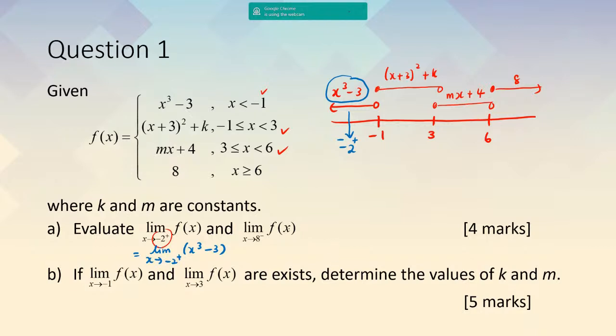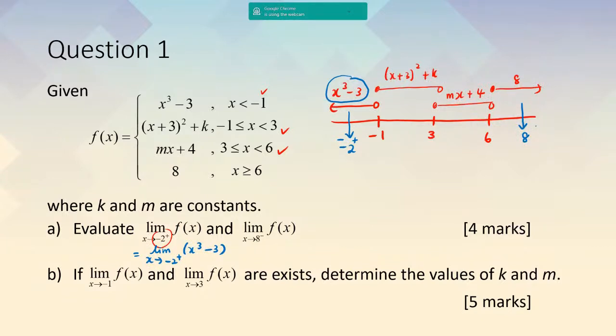Okay, understand? And then next, if you want to find the limit of f(x) as x approaches 8 from the left, where is 8 on our number line? It sits here. So this is 8.